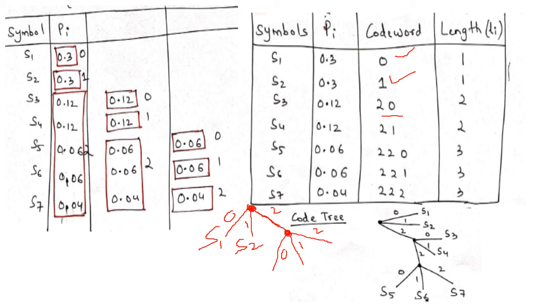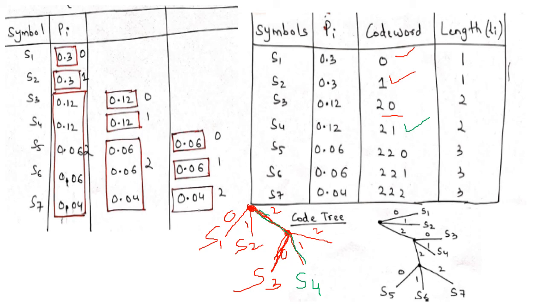So 2, 0 will attain terminal state S3 and 2, 1 will attain terminal state S4.